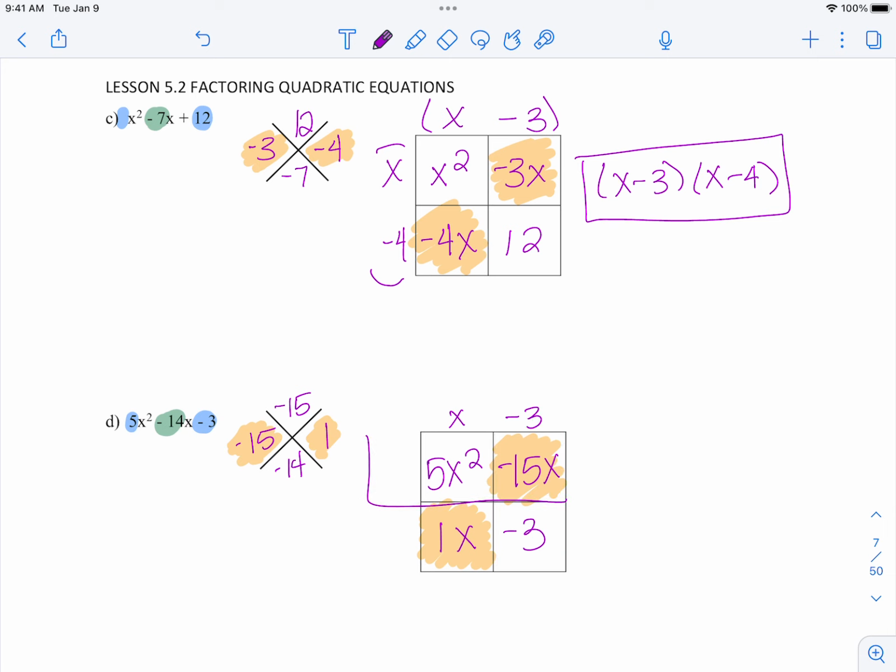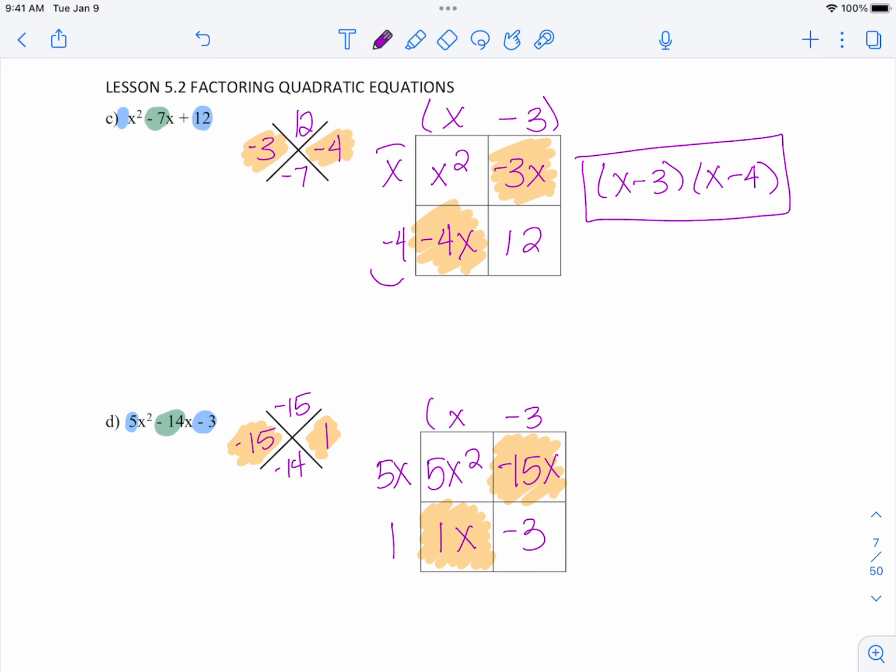Then the first row, we have 5x squared and negative 15x, so the GCF is 5x. And then our second row, I have a 1x minus 3. In this case, there is no GCF. There's nothing in common, so we're actually just going to take out a 1.